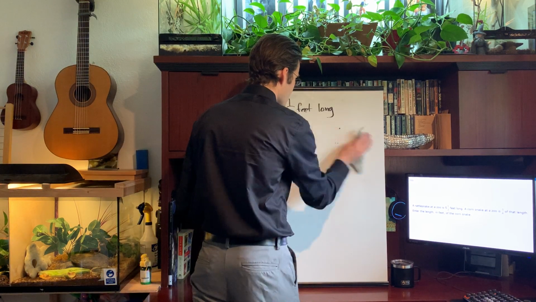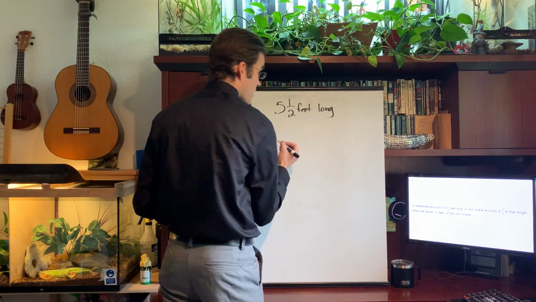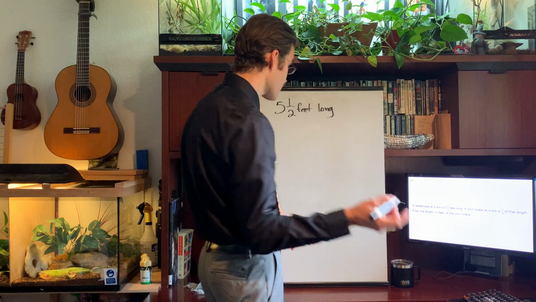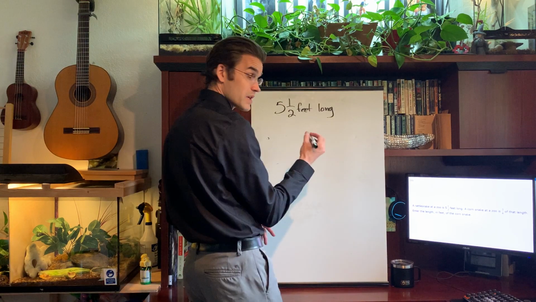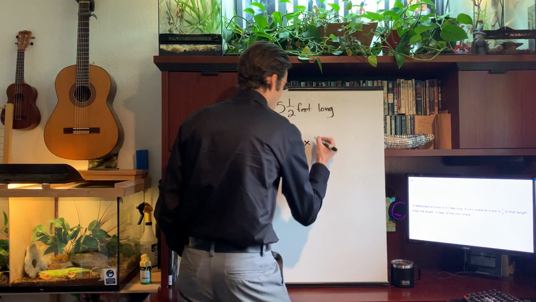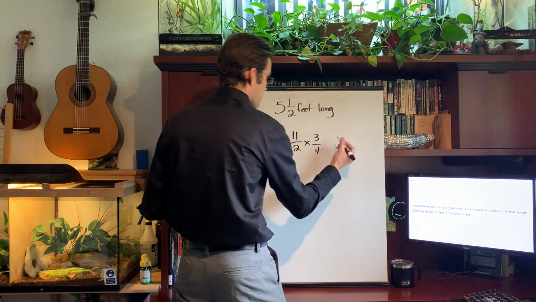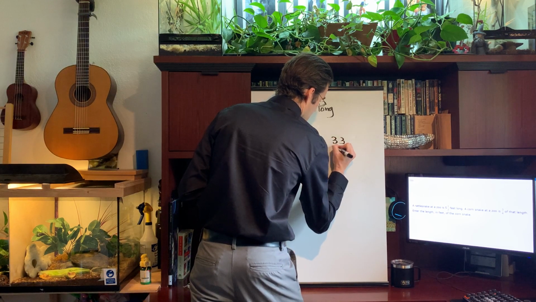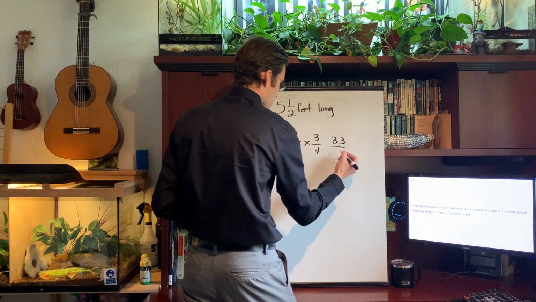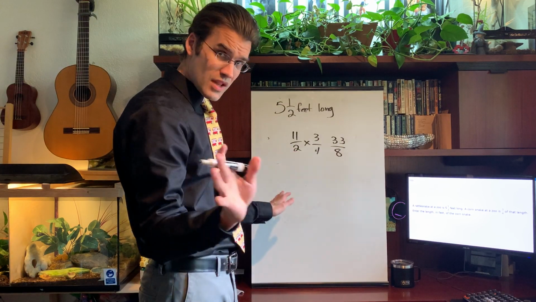Okay, so let's try multiplying. Okay, so 5.5 we turned into an improper fraction first. So it was what, 11 halves? And we're going to multiply it by 3/4. Go straight over. 3 times 11 is 33. And 2 times 4 is 8. So that looks about right.